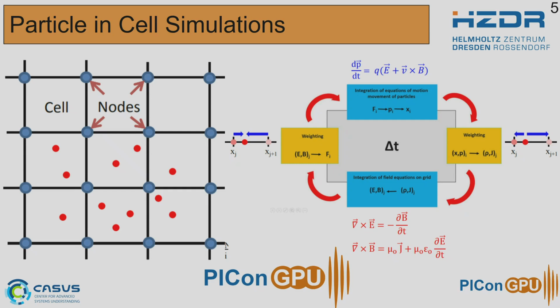And this gives you kind of a loop, right? Because every time we solve something numerically, we want to do it iteratively. For each time step, we want to have this iterative behavior. So you can see on the top, this blue term, it says, aha, let's first solve our equations of motion for these macroparticles. So you shift them in time. Then the next step is you say, okay, now we have this configuration of charged particles.